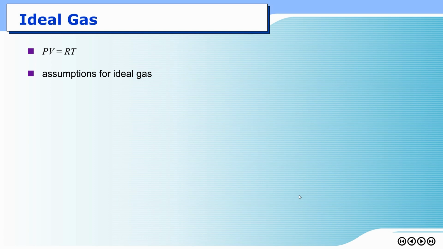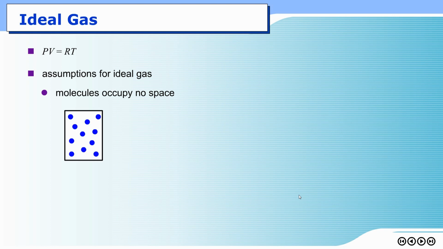The ideal gas law was derived fundamentally based on two assumptions. The first one is that molecules do not occupy space. What does it mean? If you have a gas within a container, and I make some kind of exaggeration, let me put molecules as dots here.